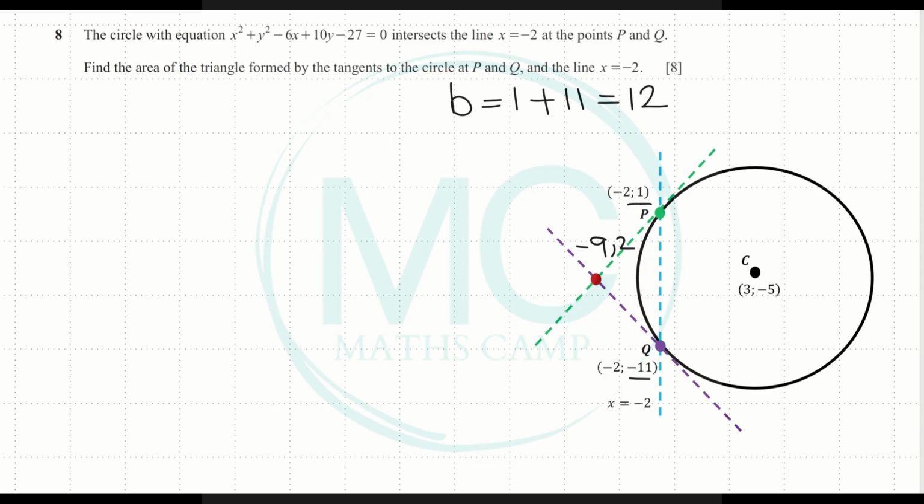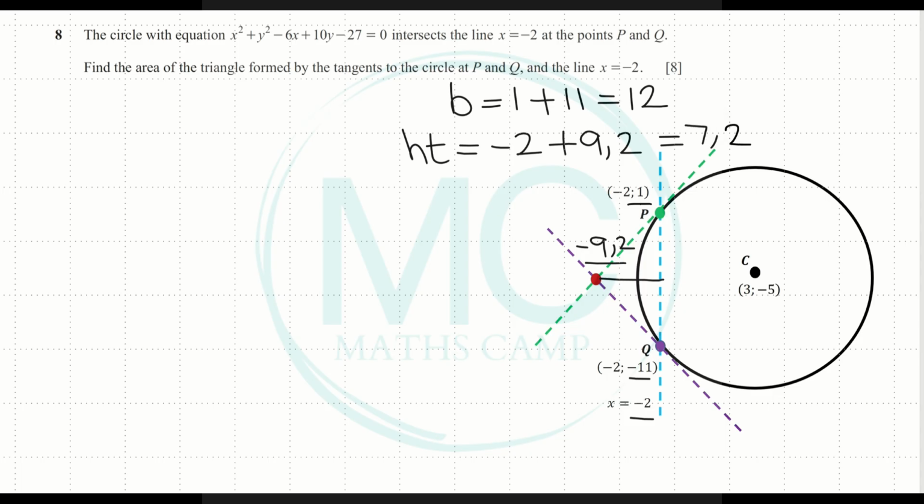The perpendicular height is the distance along the x-axis between x is equal to -2 and -9.2. So I can say the height is equal to -2 minus -9.2, which is equal to 7.2.